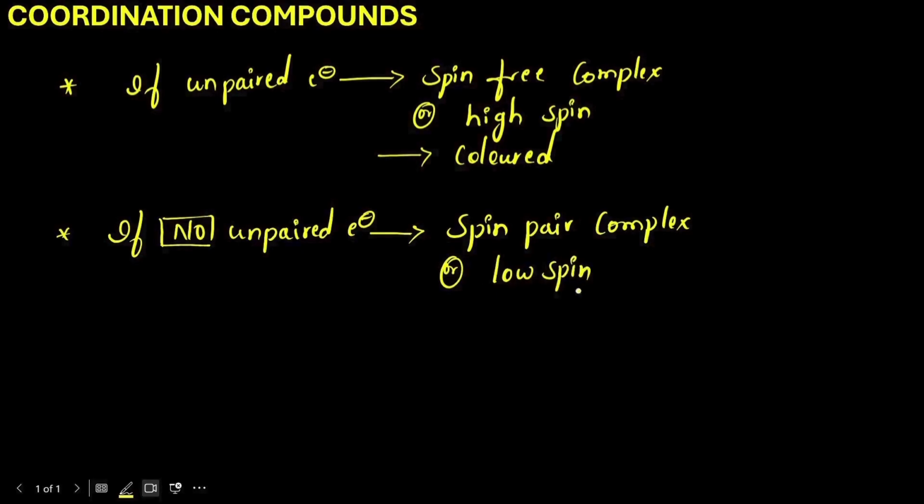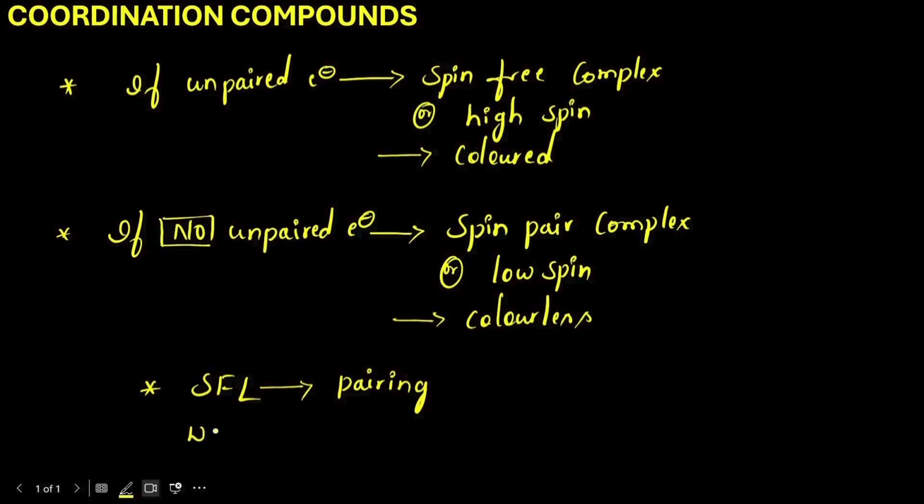Since there are no unpaired electrons, the complex is colorless. One more thing is, in the presence of strong field ligand, pairing of unpaired electrons occurs. In the presence of weak field ligands, pairing will not occur. Therefore, no pairing.